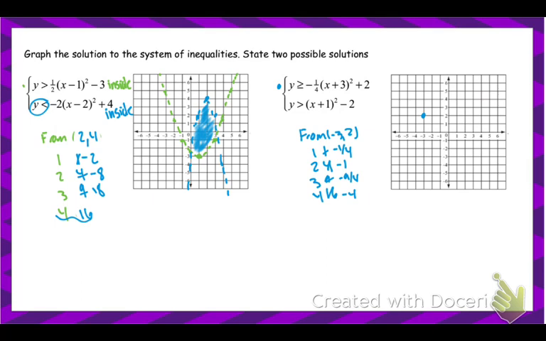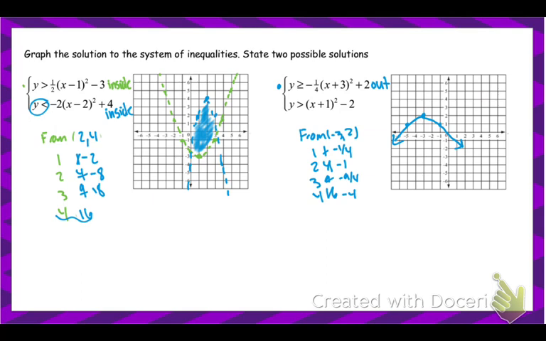I'm just going to go right 2 down 1. And that's really going to be enough because I'm going to run out of space. This is going to be a solid line. And then I'm shading above the vertex, which is outside the parabola. So it would be all that part.